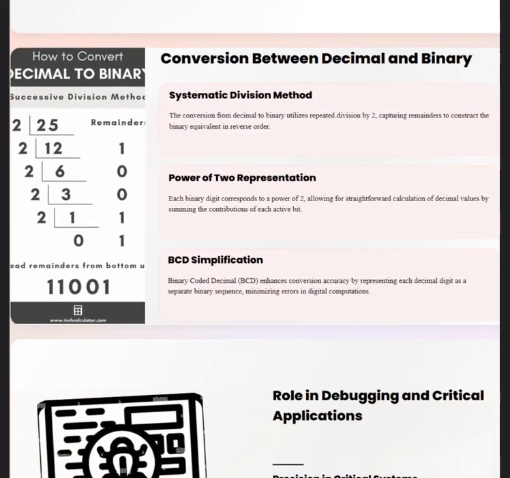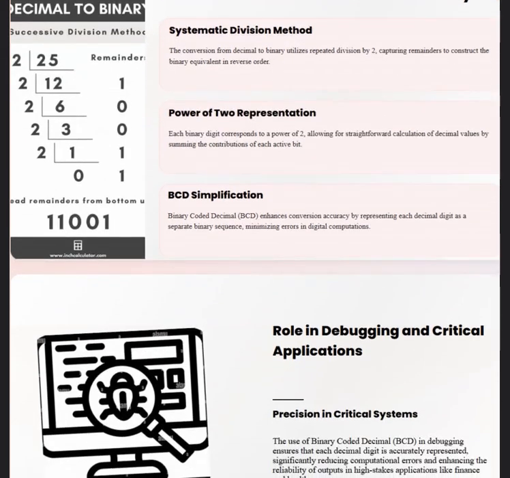So these are the three conversions between decimal and binary. The first one is the systematic division method, which involves converting from decimal to binary using repeated division by 2, capturing the remainders to construct the binary equivalent in reverse order. Next is power of 2 representation.